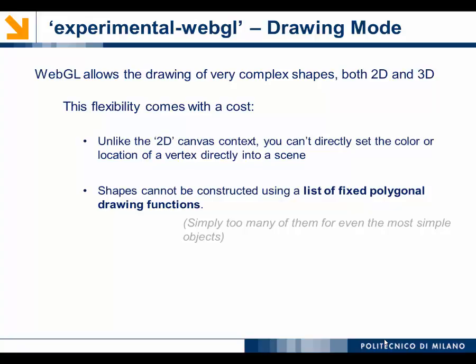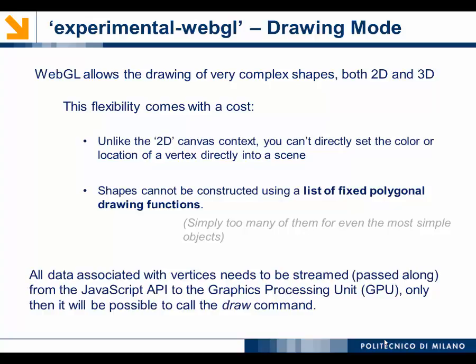Because there are simply too many of them to include all the possible objects that you want to draw. So what you do is to have data that are connected to vertices. You stream those data to the server-side part of the application, and when all the data you have about the vertices and how you want to draw them is on the GPU, you can call the draw command and the GPU does the magic.